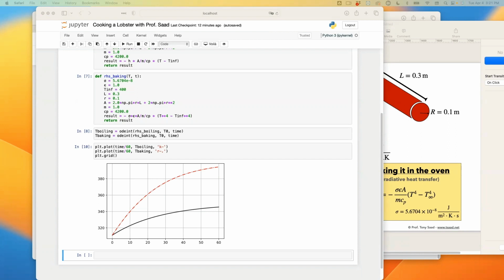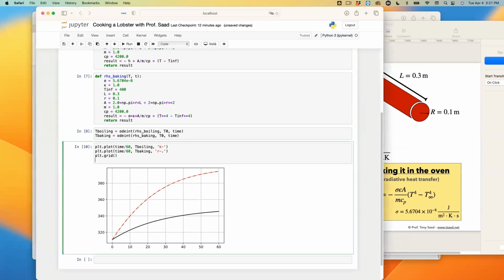So once we reach this point, then it's been cooked, right? This is telling us that baking it in the oven at these conditions, we can do it in about 15 minutes. So let's add a line, axhline, y equal 300.